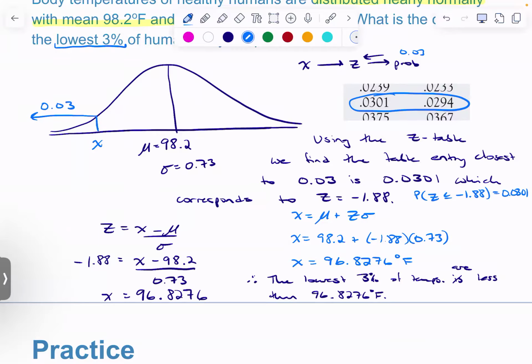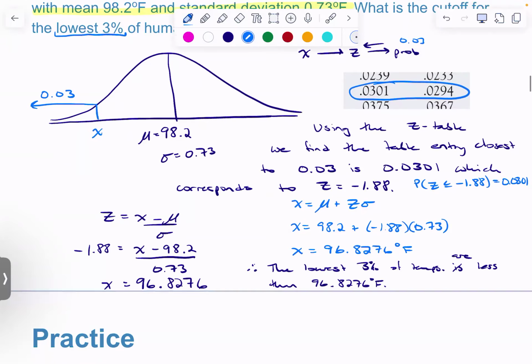But it's not as telling as that sentence, where you tell me, okay, I go into the Z table, I find the value that's closest, and then I map it back to the Z, just working backwards. But you could use that shorthand if you wanted to. Any questions?